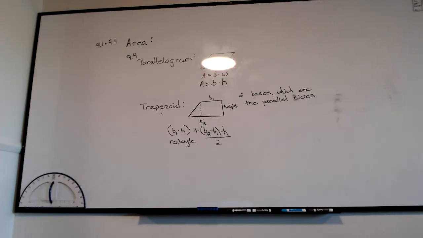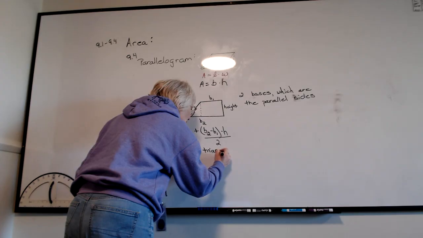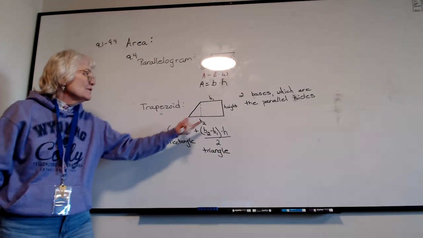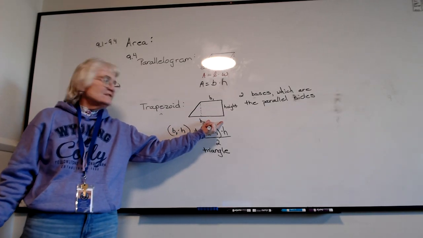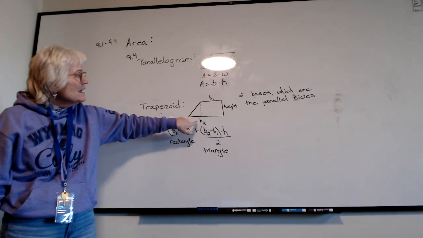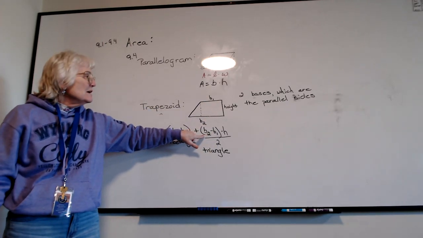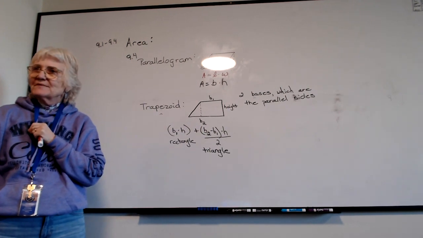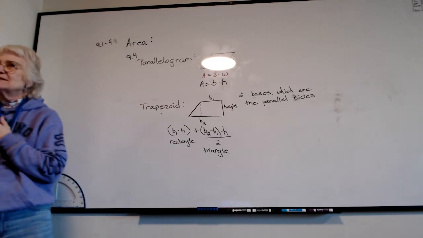That is your triangle. I'm using algebra to show you something here. This is your rectangle we found: base 1 times the height. This is my triangle: the size of this side is base 2 minus base 1, times the height, divided by 2. Now, using some algebra, here's where our advanced algebra comes into play.